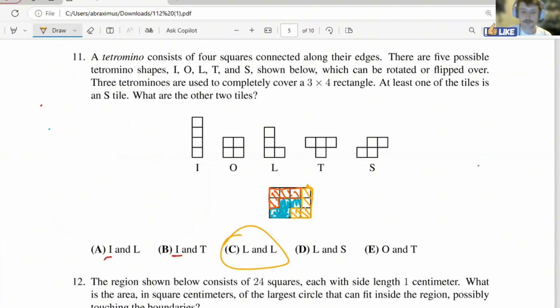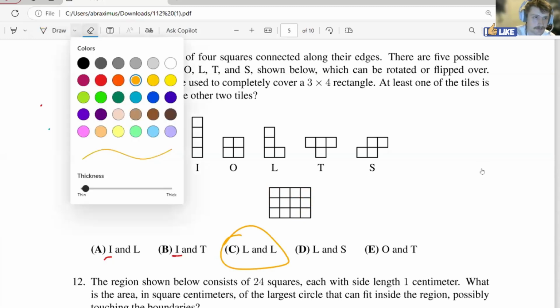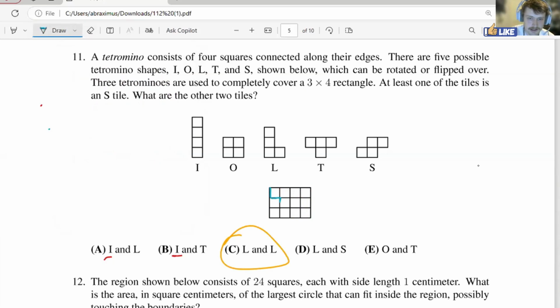You could put the S in a bunch of different ways. So, for instance, you could have it like this. But that's kind of just a reflection of this one. And we're going to have two L's in that one also. We could also, if we felt like it, put it in like this.